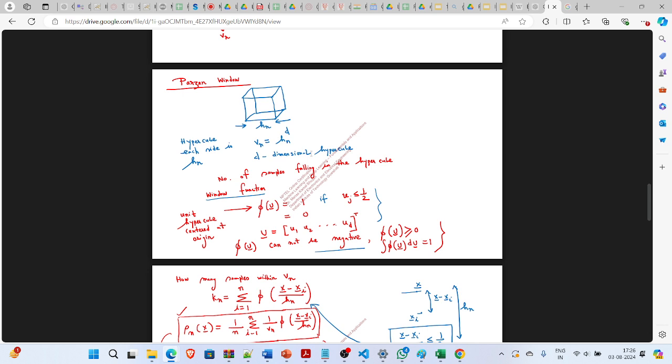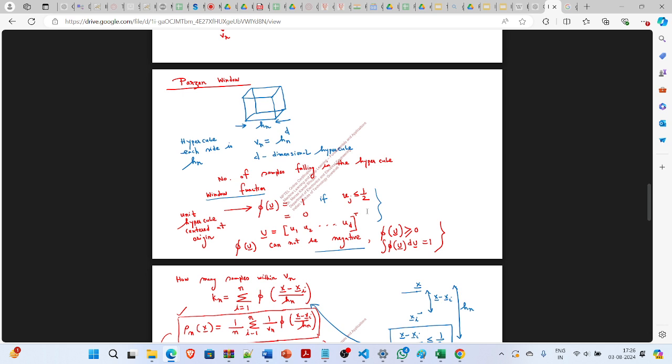We define the window function as a function of u such that it becomes 1 if uj is less than half, otherwise 0.